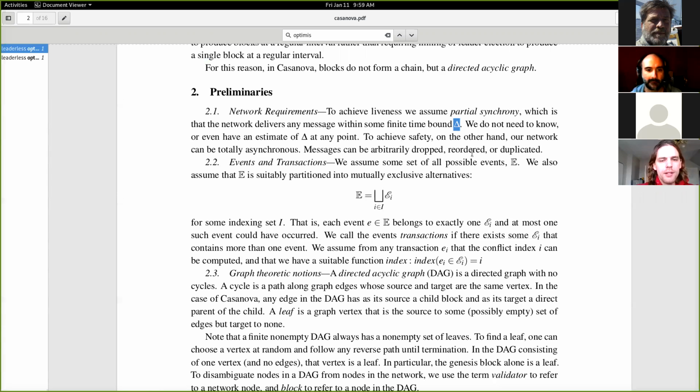All right, events and transactions. We assume some set of all possible events E. We also assume that E is suitably partitioned into mutually exclusive alternatives, which is written like this for some indexing set I. Some set of all possible events.